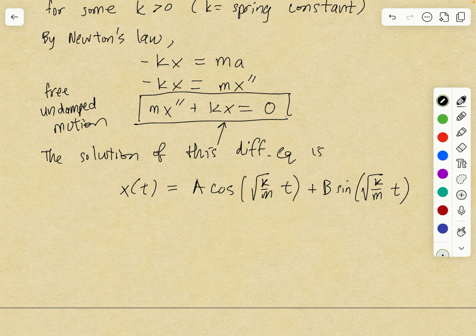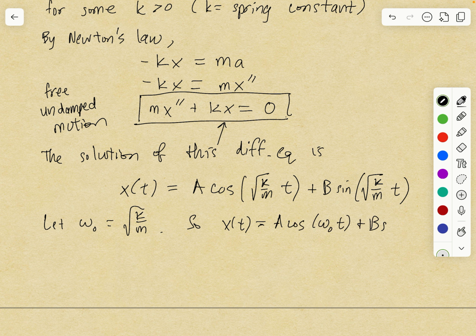And we can use the notation omega naught, omega 0, to be the square root of k over m. So then x of t would just be A cosine omega naught t plus B sine omega naught t.